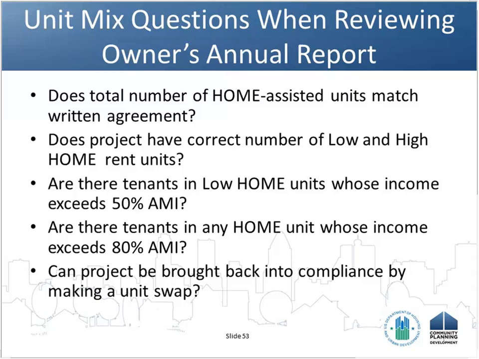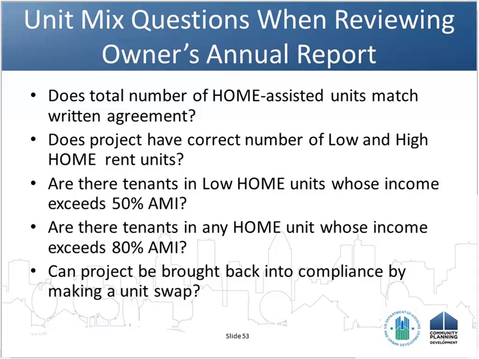And that includes looking at unit swaps within that property. So when you're looking at that annual report and you have a low HOME unit that has a tenant whose income has gone over 50%, you may see that you actually have a high HOME unit that is occupied by a household that has an income at or below 50% area median income.